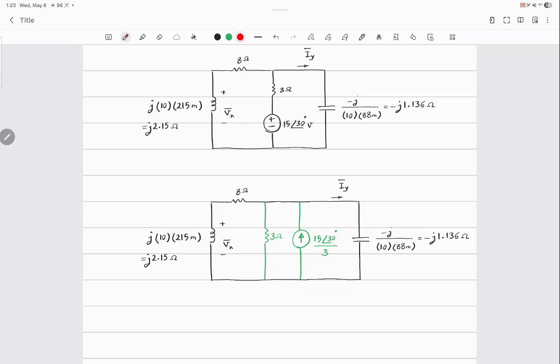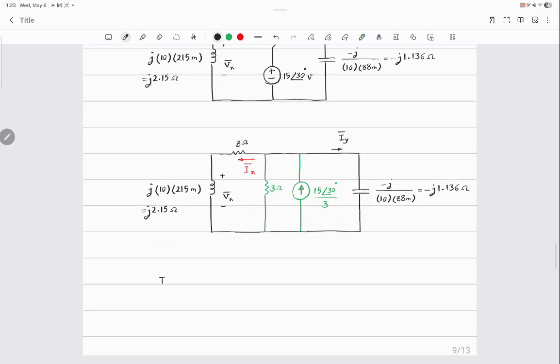For example, let's call this guy something relevant, Ix. Can someone tell me what is Ix? 5 angle 30 multiplied by what?